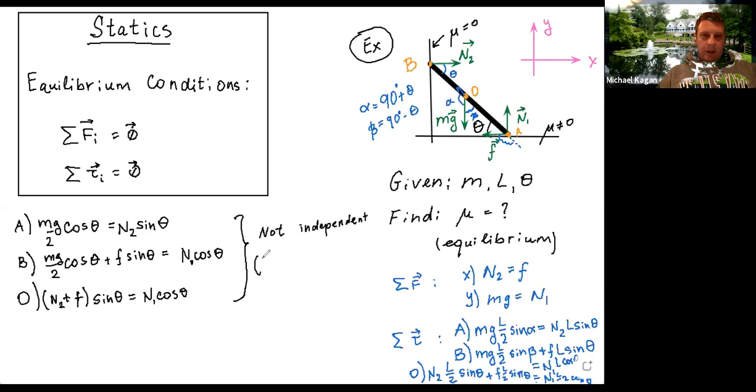You can say that O can be obtained from A and B. In fact, if they're not independent, then any of the three can be obtained as a combination of the other two. It's just sometimes easy to see how one is obtained in terms of the others. In terms of A and B.